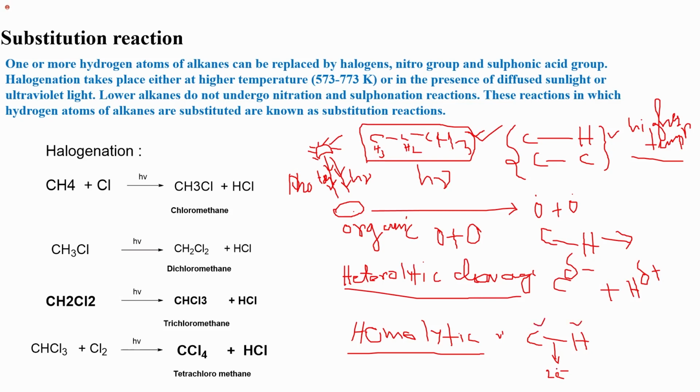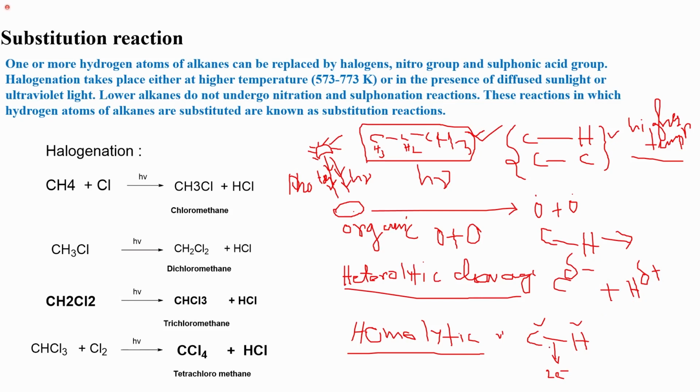If you want to cleave this bond, you have to give high temperature or the photolytic condition, that is H nu. Only under this condition can you cleave this bond. In heterolytic cleavage, carbon will be delta minus and hydrogen delta plus.